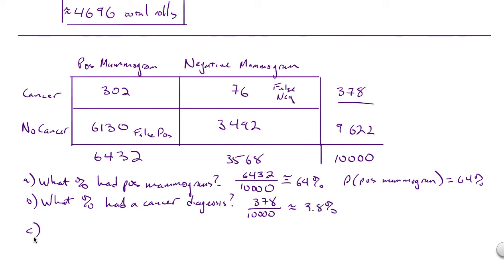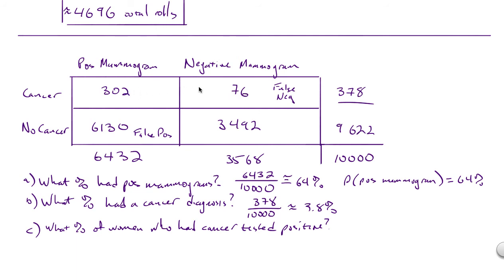Now, where this table can be really useful is to answer a question like this: what percent of women who had cancer tested positive? Those that had cancer is this category here, this row here.